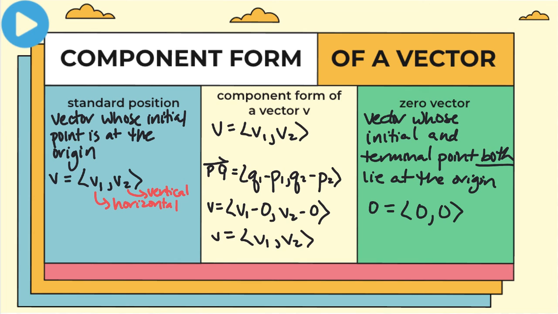Before we move on, I do want to point out a couple of other little things. The magnitude or distance or length of the vector can also be found, as we said, with the distance formula. But if we're writing this distance formula in vector notation, we would write the square root of (q1 minus p1) squared plus (q2 minus p2) squared.